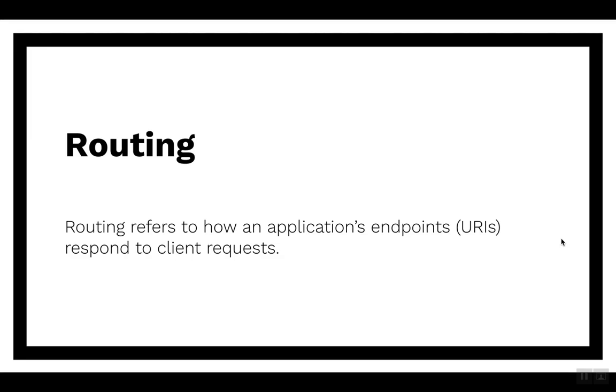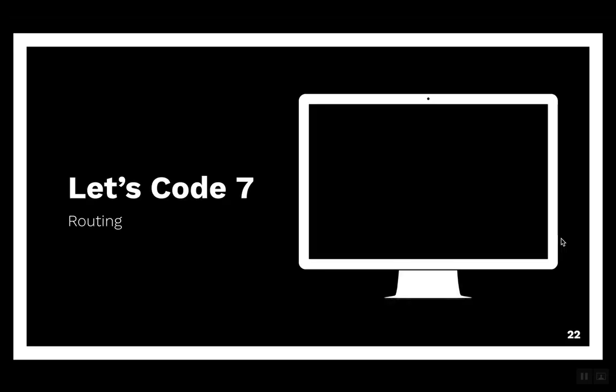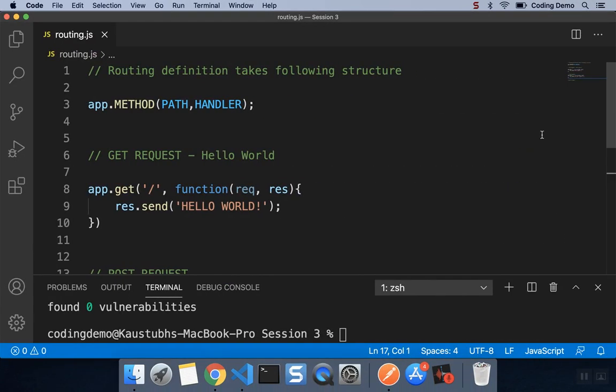Let's switch back to the code, and we'll come back to the slides in just a moment. So routing definition takes the following structure. We have the application instance, in this case, the Express application, and the method, as well as the first parameter is the path and the second parameter is the handler.